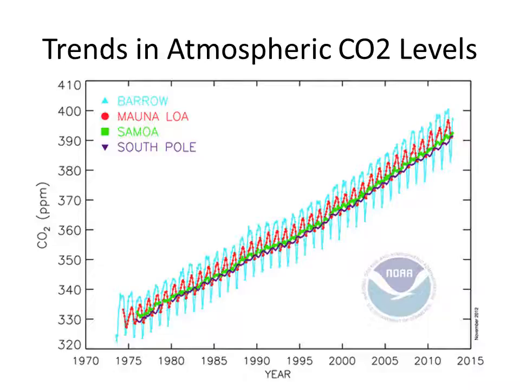So out of every million parts of the air that we breathe, 330 parts of the million were CO2 molecules. The different colored lines on this show 4 different locations: Barrow, Mauna Loa, Samoa, and the South Pole. So they're showing 4 different locations on this one graph, but they all have the same trend. They're going up and down every year, but overall the trend is upward.